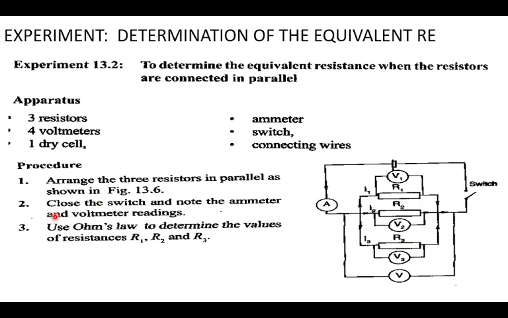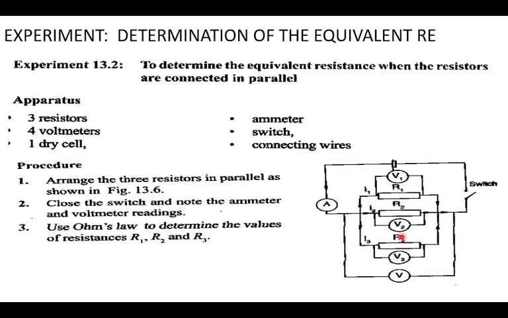And then you close the switch and note the ammeter and voltmeter readings. Remember that current cannot pass through a gap, so you close this switch here so that you bring about current. So when the current reaches a junction like here, it is going to split. It will be split so that all the resistors are supplied with current.